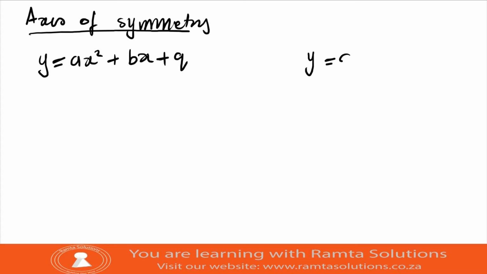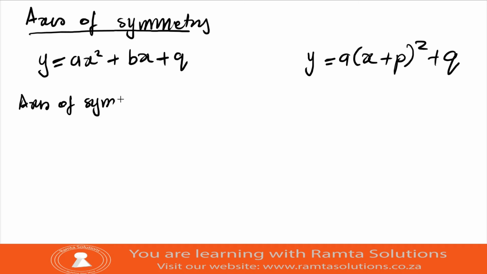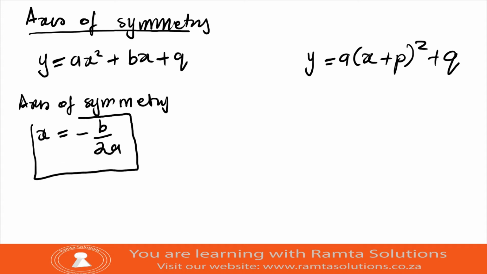When given your graph in the form y equals a into x plus p all squared plus q, your axis of symmetry will be x equals negative p.